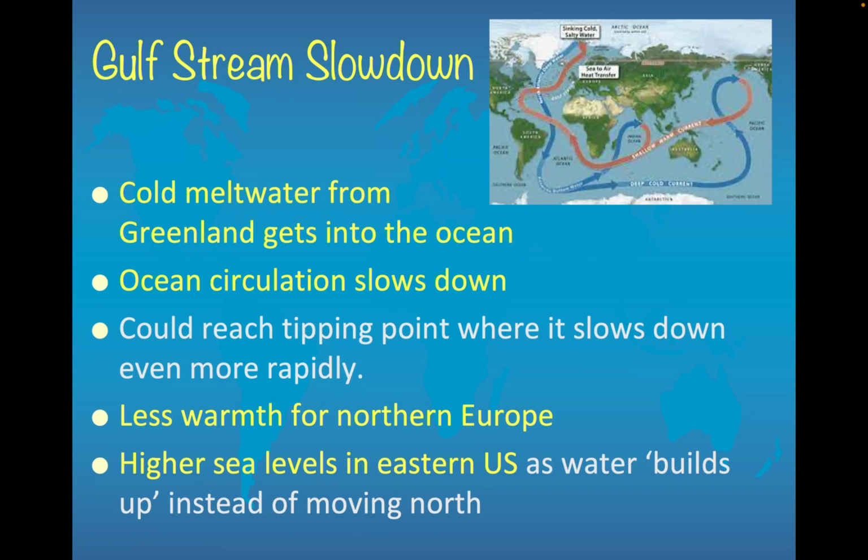So all of those businesses or people that own homes, they're going to notice that the sea levels are higher, and that can affect living. It can affect businesses, and that can be something that's going to affect people even here in the United States, even in the nearer future. So this is a concern that's being watched about Gulf Stream slowdown.